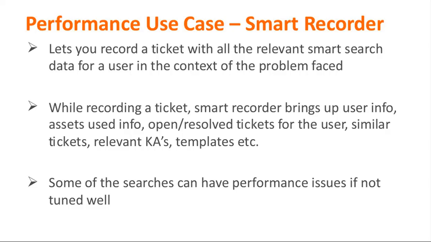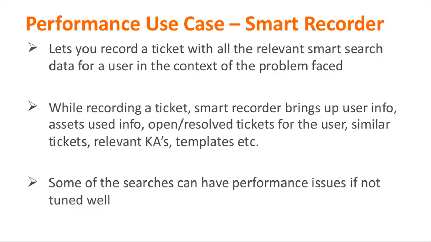While recording this ticket, Smart Recorder brings up user info, asset info, open resolved tickets for the user, similar tickets, relevant articles, etc. So it brings in a lot of data in context to the user that you typed or in context to the problem you entered that the user is facing.